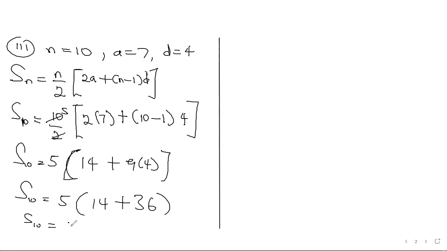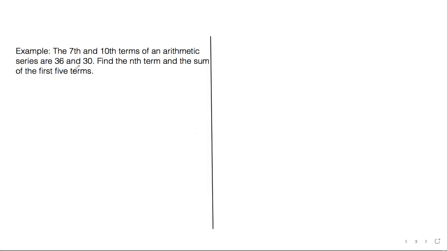That's 5 into 50, so S10 is 250. It means when you add from the first term up to the 10th term, you will get 250. That's clear now. Then we have another example.